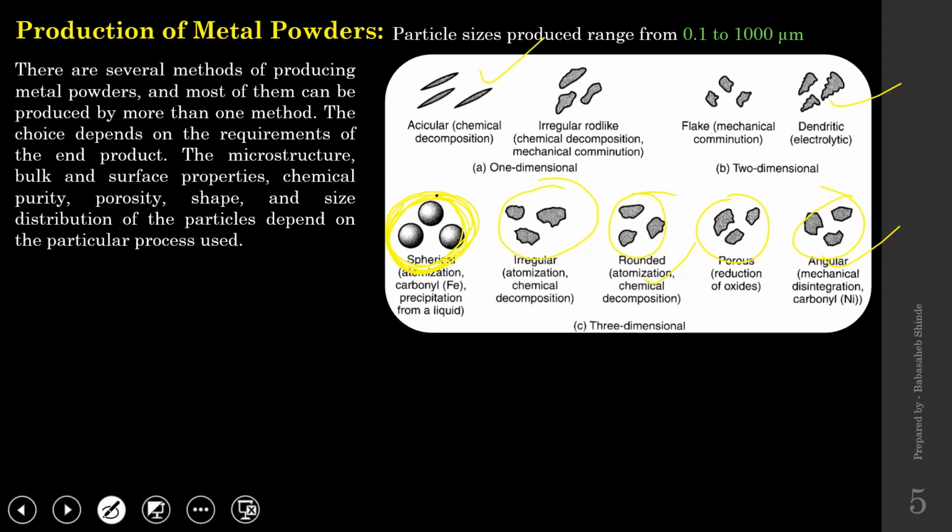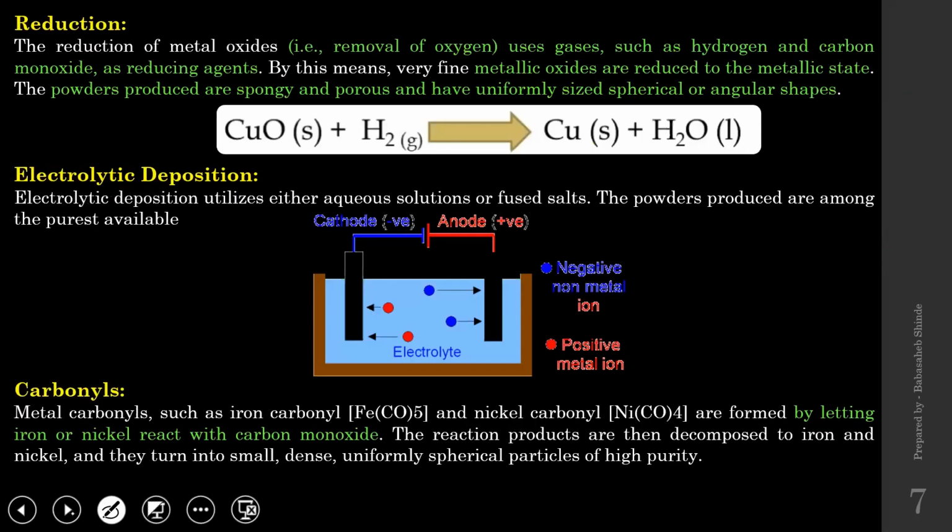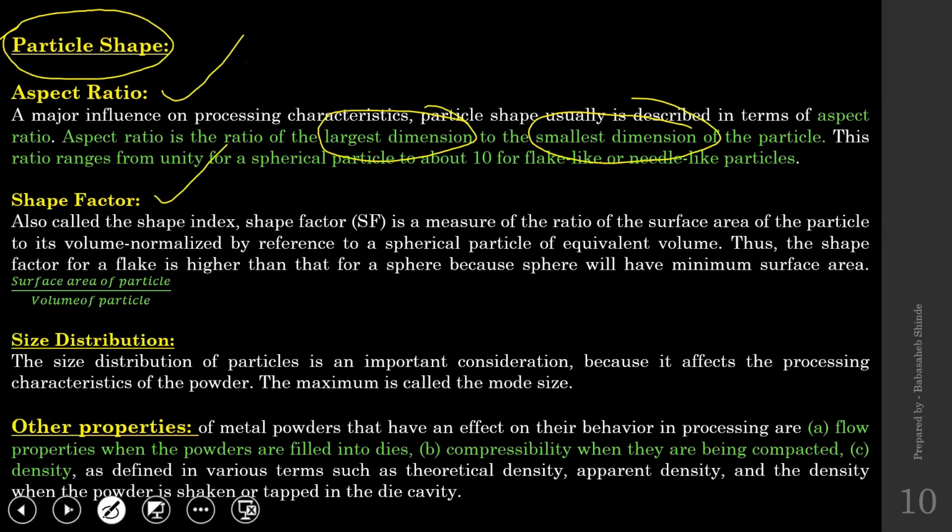So the ratio that we are taking, shape factor, is nothing but the surface area of the particle to the volume of the particle.